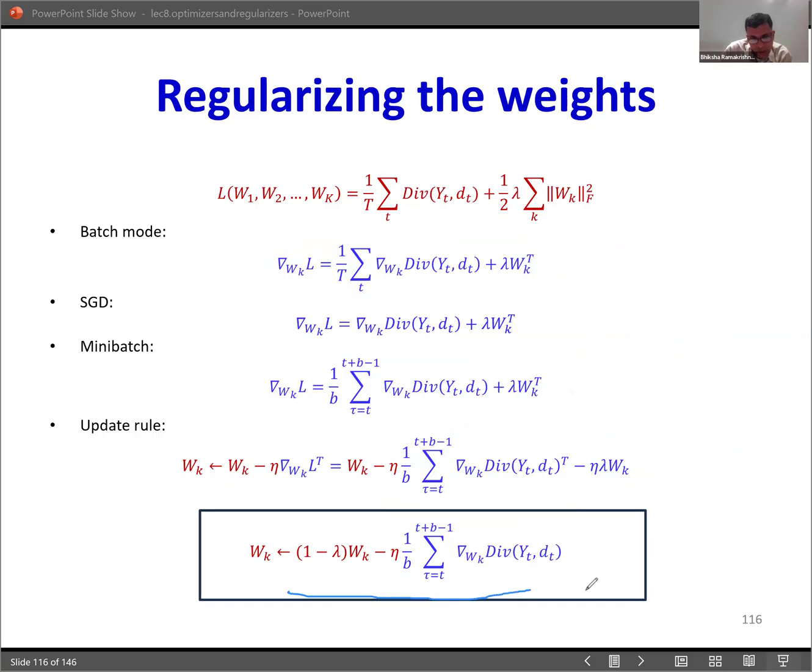When you use the regularization of the W's, you actually multiply the weight by a scaling factor that shrinks it, because for any value of lambda between 0 and 1, this becomes a number that's less than 1. So this is your, what did we call it? What did we call that, guys?